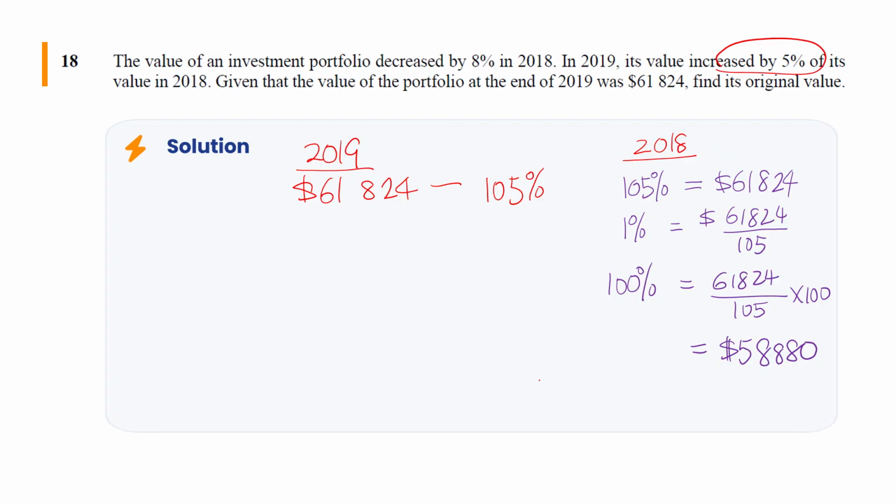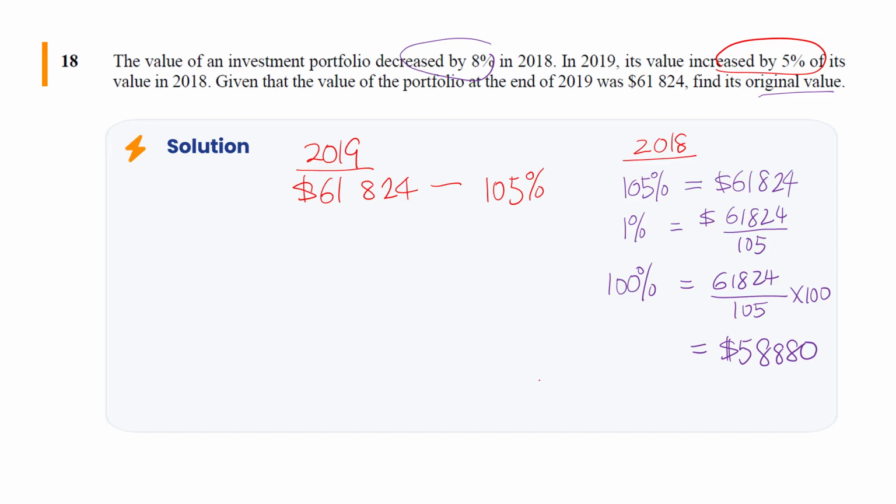So in 2018, the investment portfolio was valued at 58,880. But this value is actually a decrease of 8% of the original value. So your 58,880 actually represents 92%.